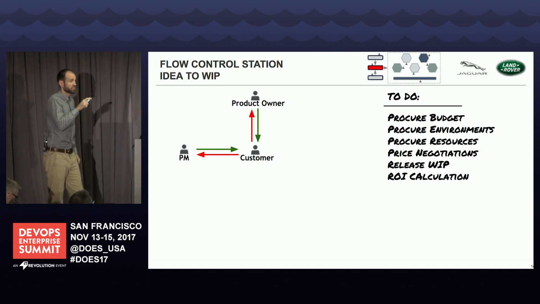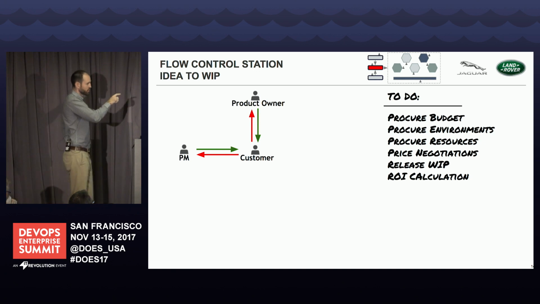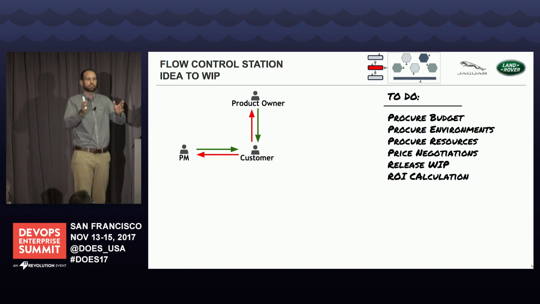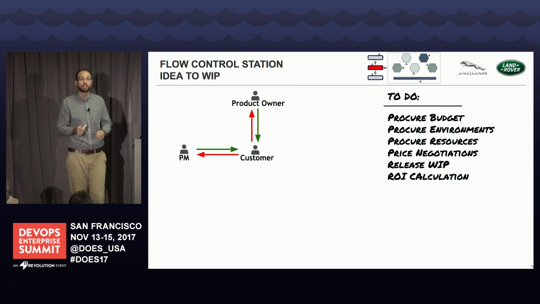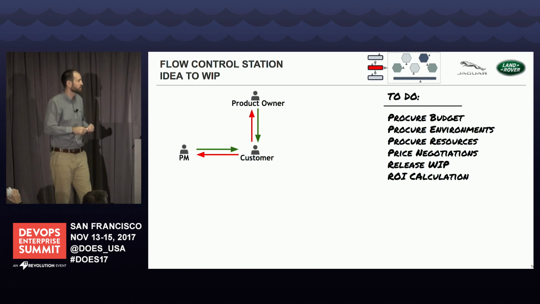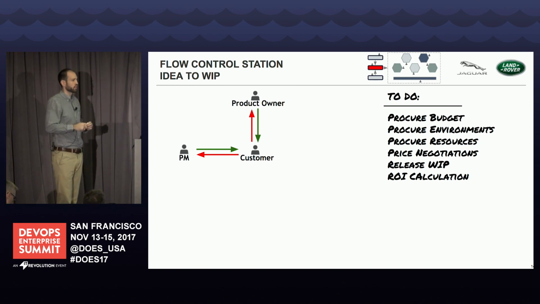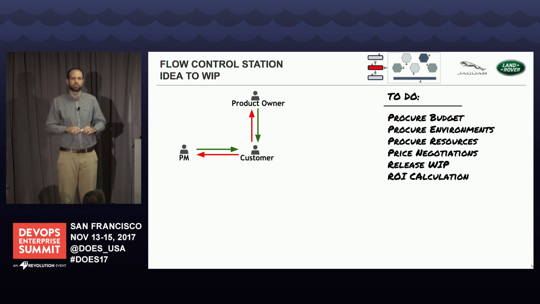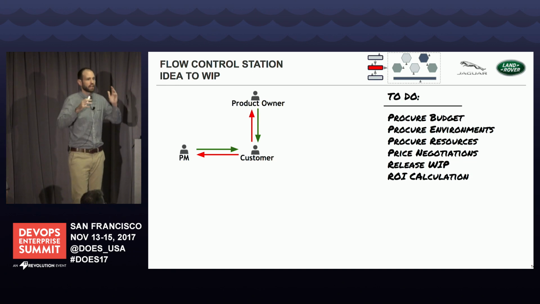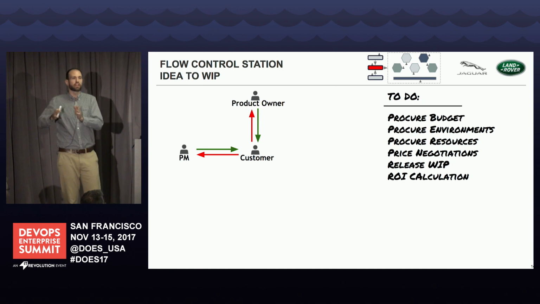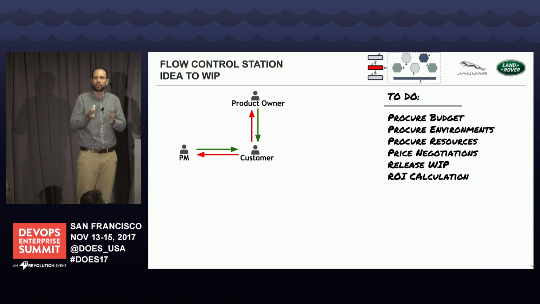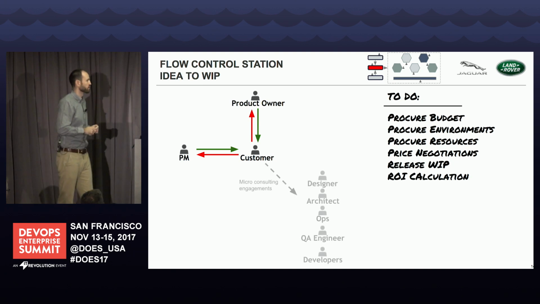The red arrow symbolizes a no. We found that the relationship in this case is a highly empathetic relationship towards the customer. Now, these are the primary actors that exist specifically within our flow control station. We're trying to determine whether or not WIP should be released into our factory. Again, I'm not saying these specialties can't do each other's jobs. I'm just saying on average, these are the results.